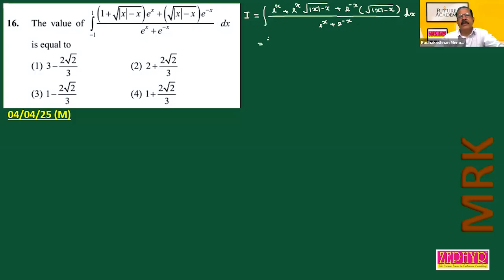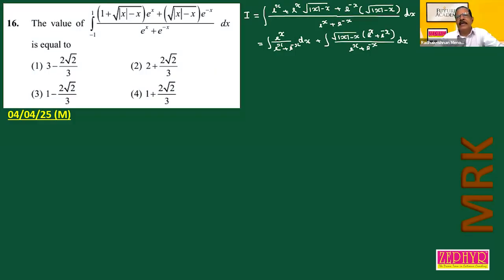This is nothing but integral, I'm separating it also, e raised to x divided by e raised to x plus e raised to minus x dx, plus, I'm taking root mod x minus x into e raised to x plus e raised to minus x, the whole divided by e raised to x plus e raised to minus x dx.